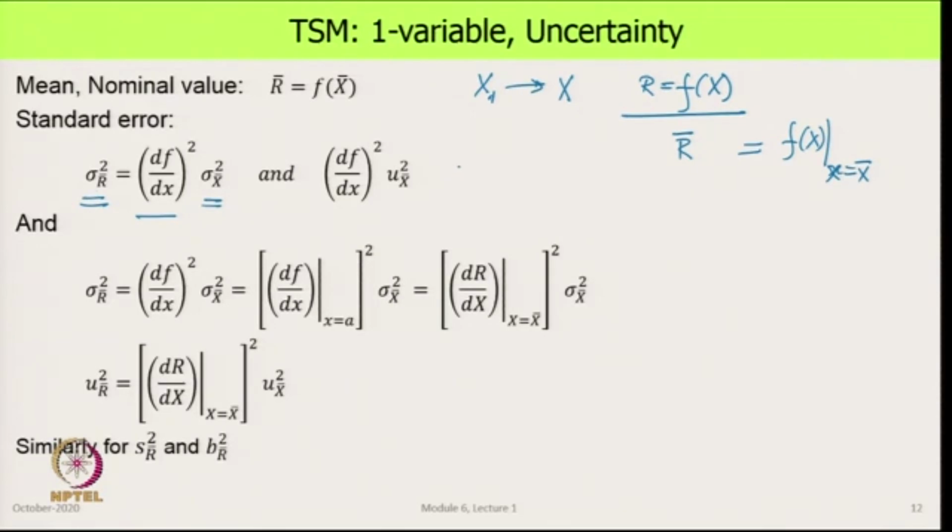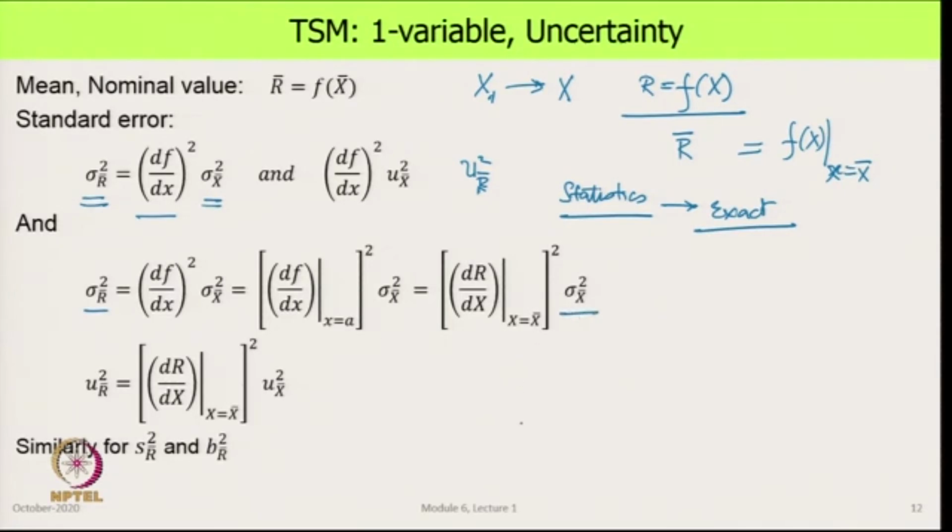And sigma r bar square is nothing but u r bar square. The point is that from statistics we get this expression as an exact expression. And from there we calculate all these parameters.